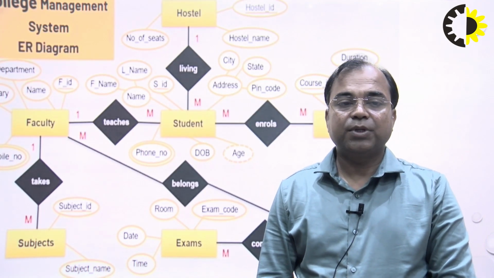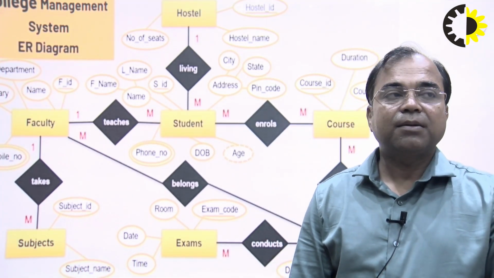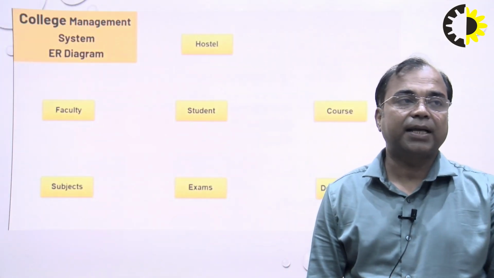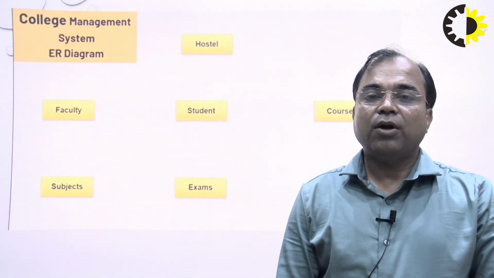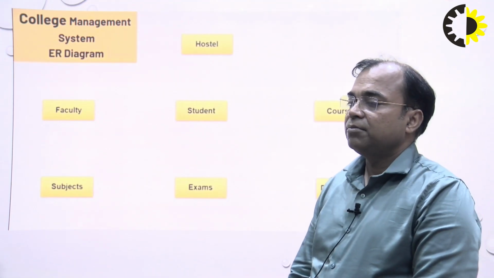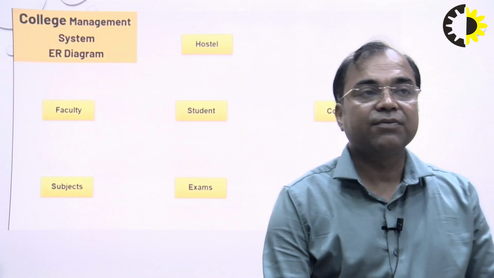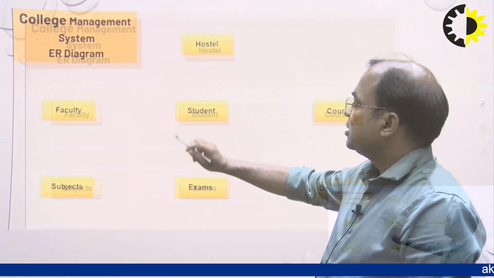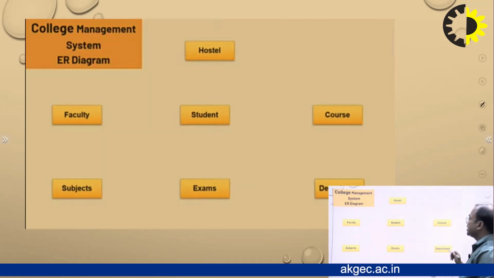The first step in creating a database in a database management system uses a basic terminology, the entity relationship diagram. It is all up to us how many entities we use for this diagram; it all depends on requirements. Here we start with entities like hostel, student, exam, faculty, subject, courses and department.